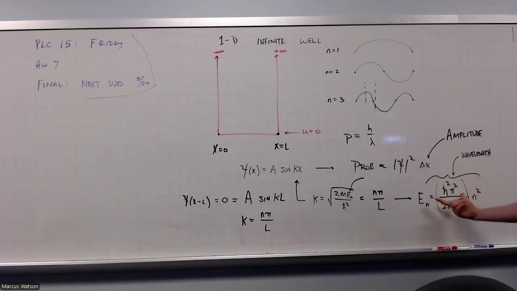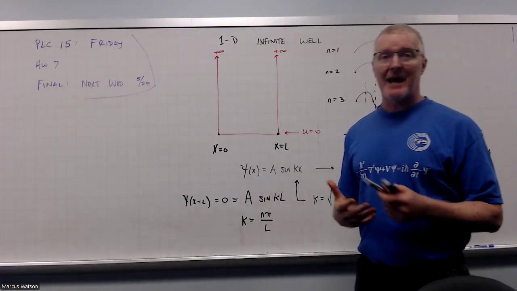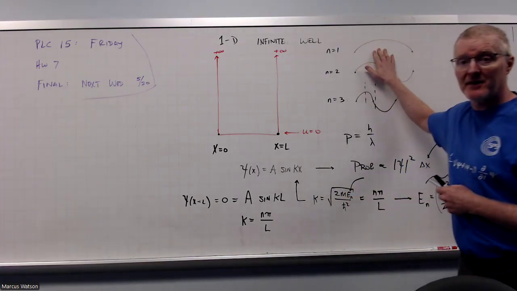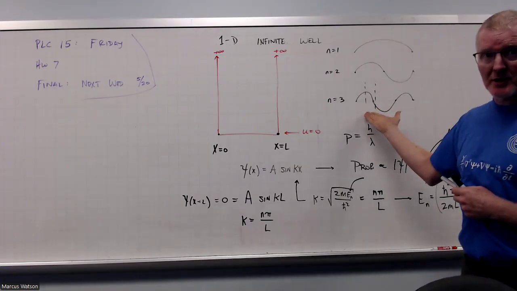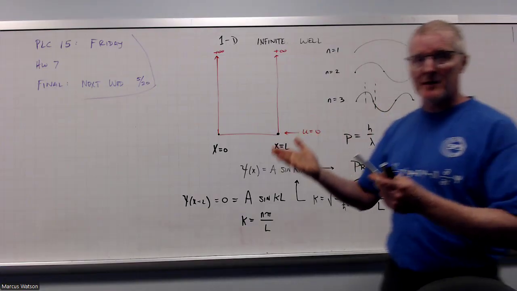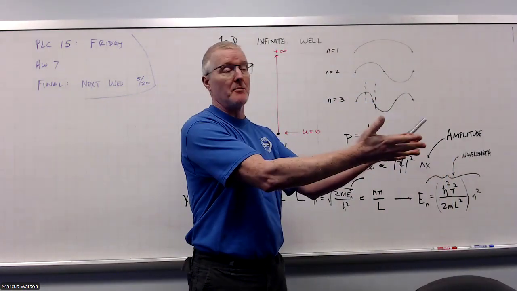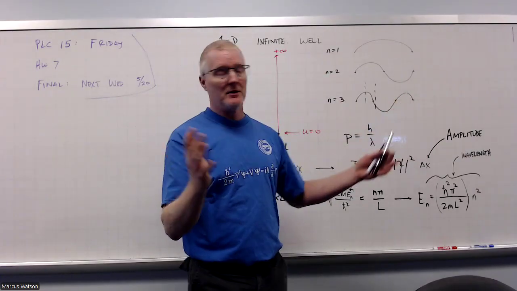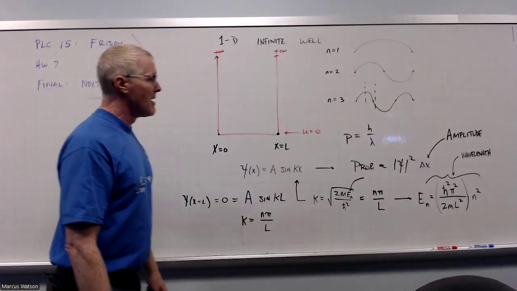So you can get a quick visual on whether or not you're dealing with something that's higher energy or less energy, just based on, look, if I'm looking at something like this, it's got just the one peak in it. If I'm looking at this, this has 3 peaks in it. There's more energy here. And you can just look at the number of peaks and jump straight to, hey, it's got more energy, there's more peaks. The wavelength is shorter, therefore it's higher energy, or it's higher momentum, right? You can bring all of that.